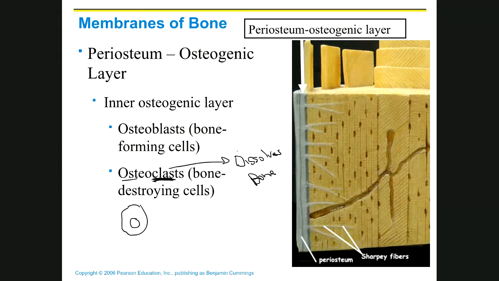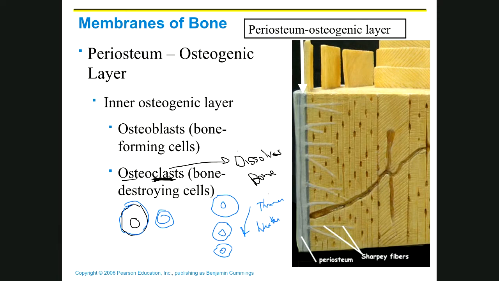But if I just start eating away at the bone, it's going to get smaller and smaller and smaller. And so I'm going to go from having something that looks like this to having something that looks like this, or even this. So the bone is going to get thinner. It's also going to get weaker because it's not as thick as it was.